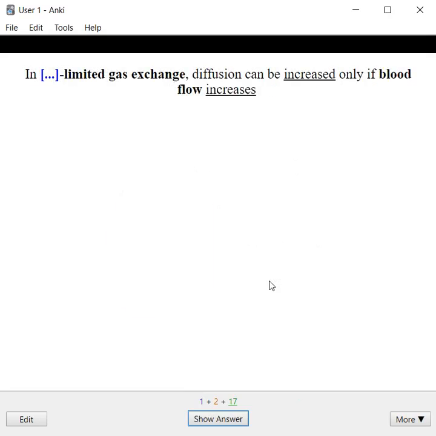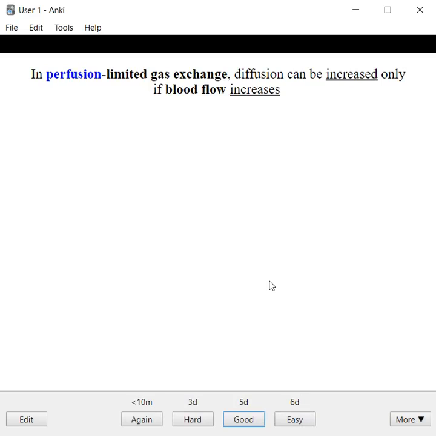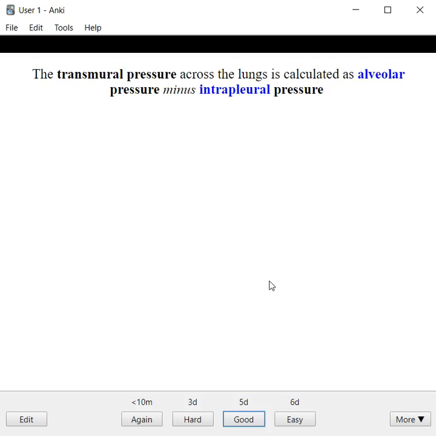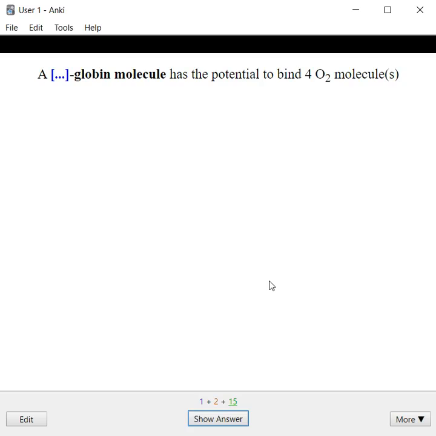In blank limited gas exchange, diffusion can be increased only if blood flow increases. Perfusion limited gas exchange. The transmural pressure across the lungs is calculated as what pressure minus what pressure? Alveolar pressure minus intrapleural pressure. That's the transmural pressure.